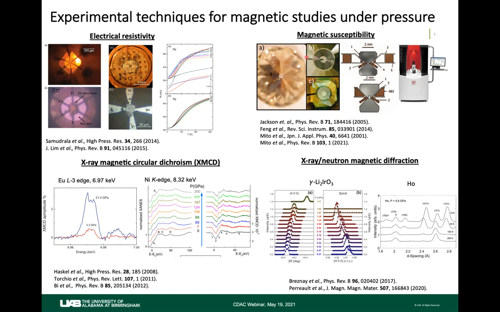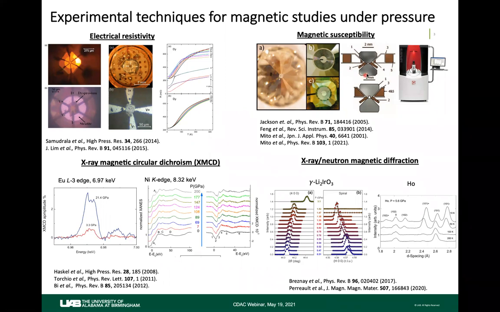So in this picture here, this is again the designer envelope with the multi-loop coil deposited on the diamond culet to increase the filling fraction. So here, magnetic transitions in rare earth metals have been studied up to 15 GPa also.